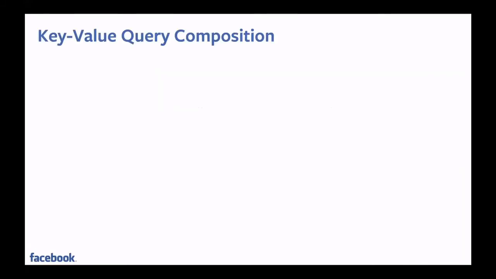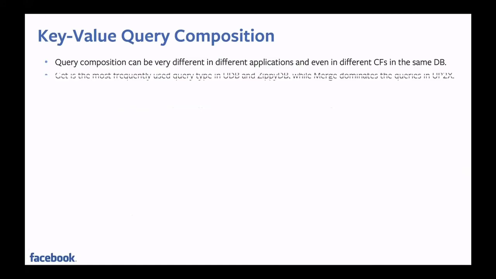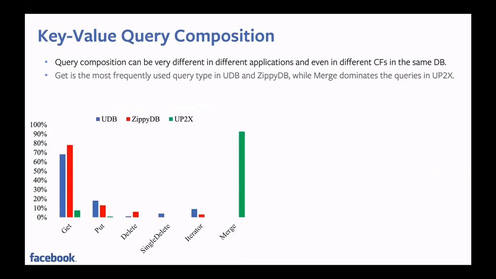The first question we want to answer is, what are the query compositions and what's the ratio of them? So we analyzed them and got the following results. For UDB, which is for the social graph, and ZippyDB, they have a lot of get or point lookup queries, more than 70%. But for UP2X, merge is heavily used, because UP2X, which holds user features, has a lot of updates.